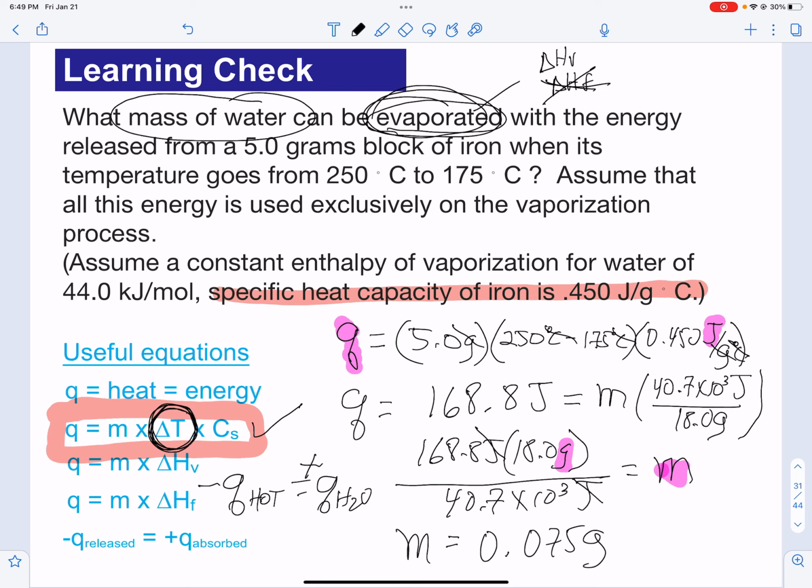Remember that I told you that on the change of state, freezing and melting, both of them happen at 0 degrees Celsius. So there's no change in temperature when you go from solid to liquid or liquid to solid. To get to that point, that's when there's a change in temperature. So two formulas that you're going to be using: one for whenever you're warming or cooling something, and the other one when the actual change of phase is happening.